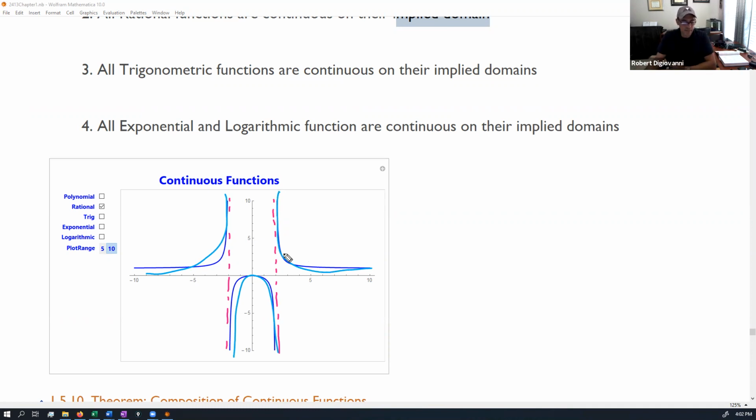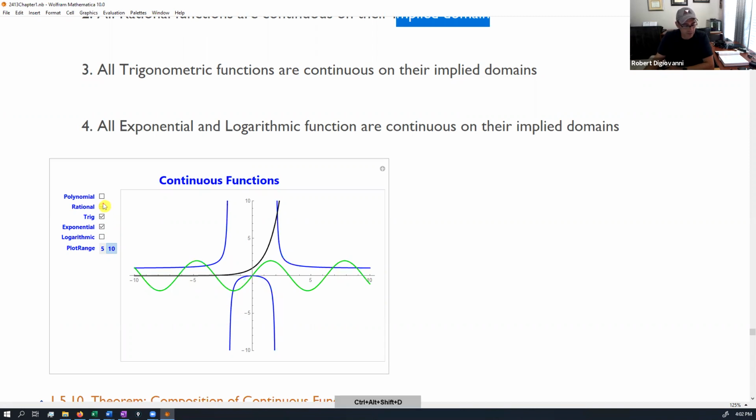You do have to pick up your pencil and go over the asymptote, but that's not in the domain. So as long as you're in the domain, you're guaranteed to be able to draw it without picking up your pencil. All trig functions, same thing. You should be able to draw it without picking up your pencil as long as the values are within the domain. Exponential functions, right? You can draw it without picking up your pencil. Logarithmic functions, draw it without picking up your pencil. Those are all well-behaved functions.